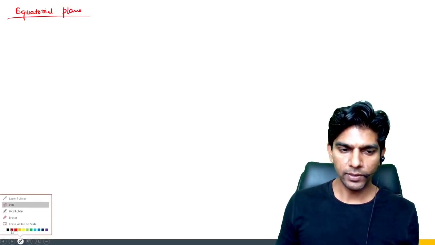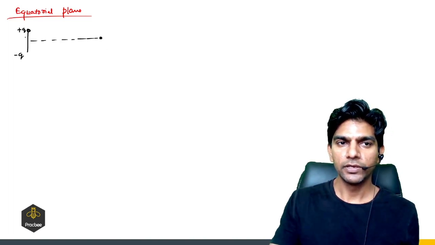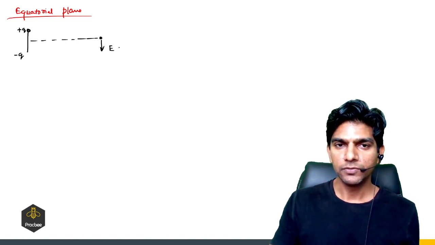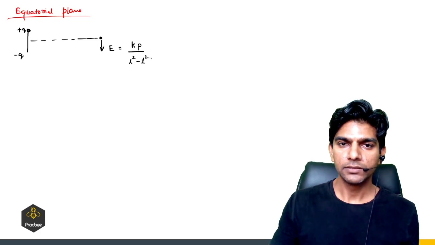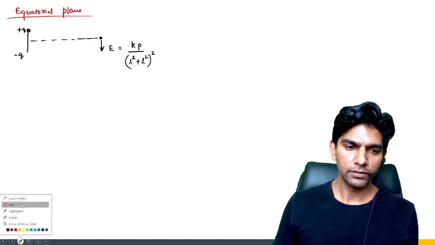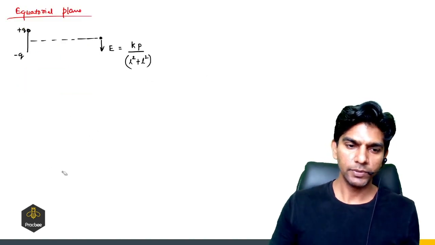For the equatorial plane, let us first see the formula for electric field. So this is plus q, this is minus q. At this particular point, the electric field is in the downward direction, opposite to the electric dipole moment, and this field is given as Kp upon r square plus L square, raised to power 3 by 2.